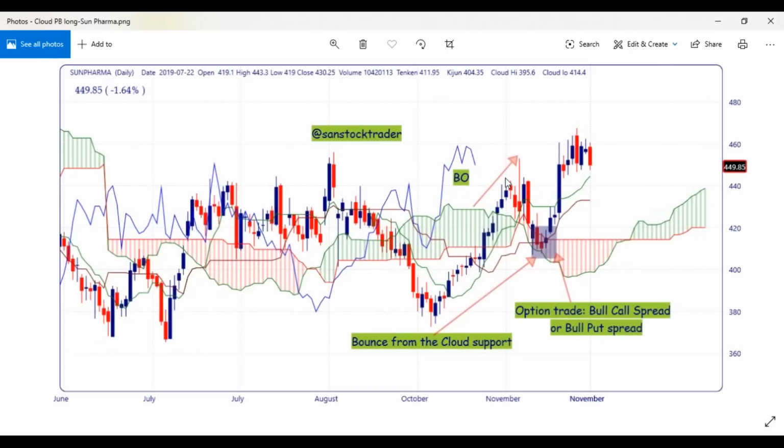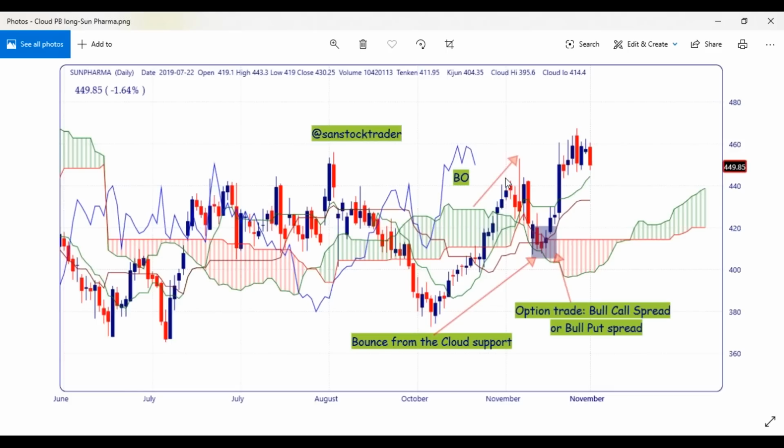This is the Sun Pharma chart. I remember I posted this chart on Twitter. The best part about this cloud strategy is that, as I said, cloud pullbacks come after a deep pullback. So buying options is a really good strategy here, because during a deep pullback, generally the pullback happens with a drop in volatility.